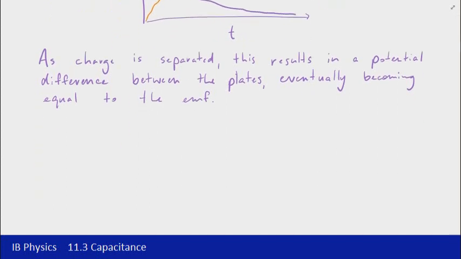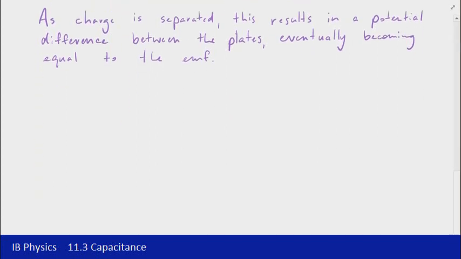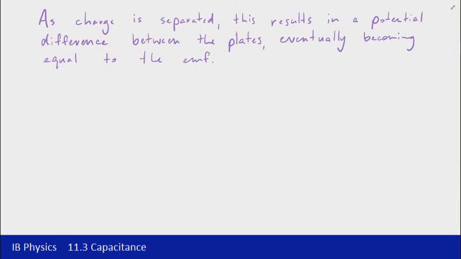So if we're now looking at how much charge a capacitor can store, that would be the property that we're referring to, which is the capacitance. Capacitance, represented by the symbol C, is the storage capacity, I suppose, is the way to think of it, of a capacitor.